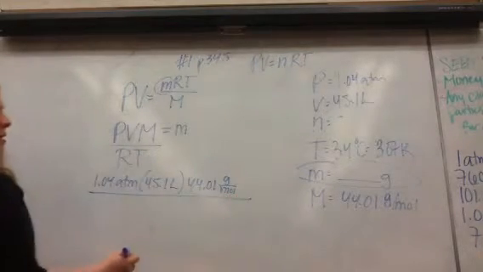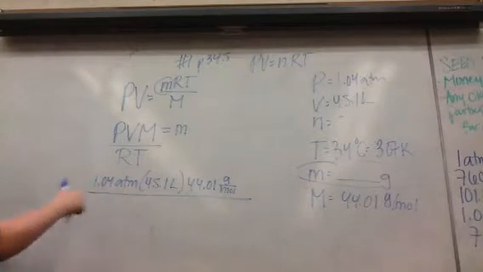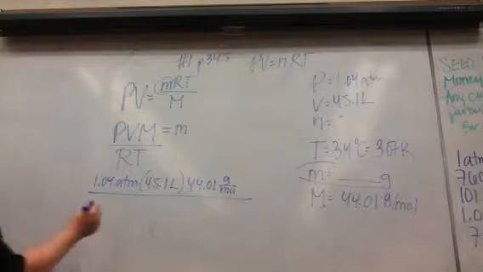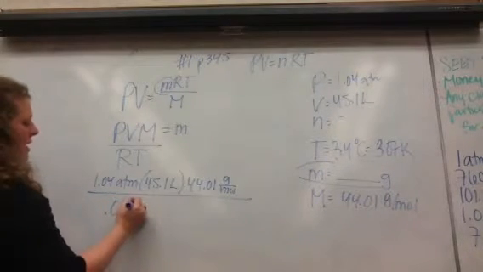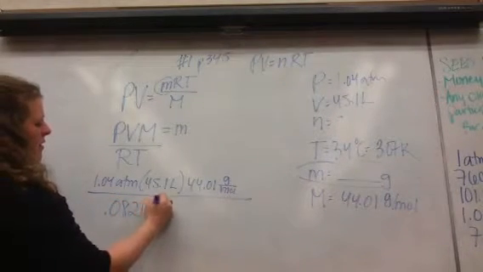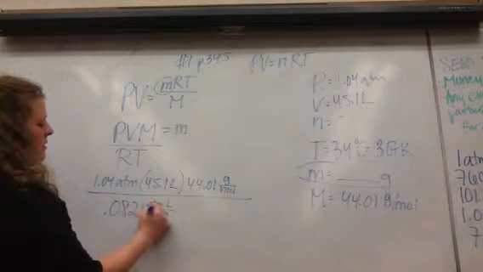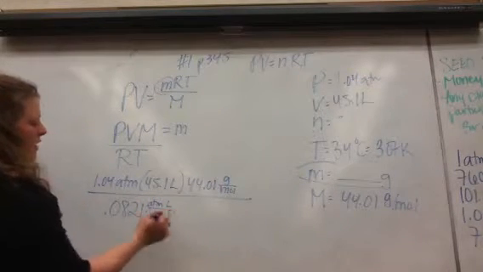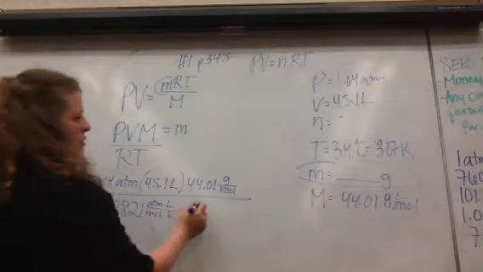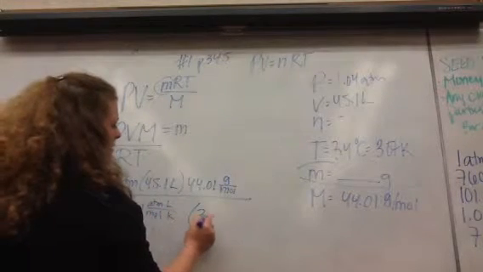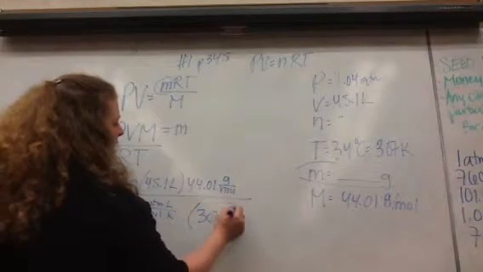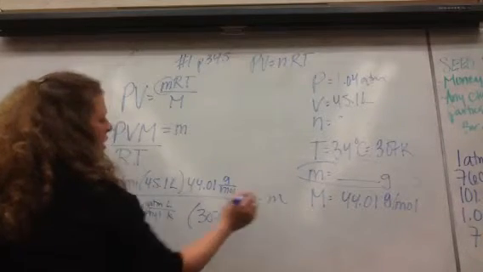And we're dividing by our gas constant. We're in atm, so we're going to use 0.0821 atm liters over mole Kelvin. And our temperature is in Kelvin, 307 Kelvin. This whole thing should equal mass.